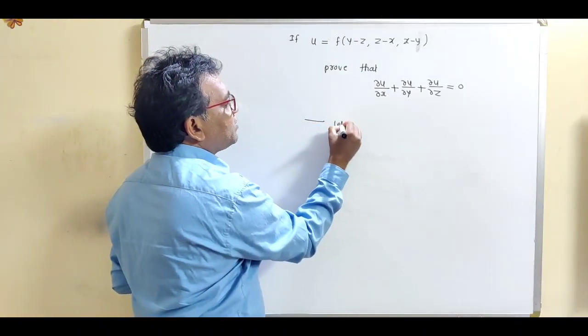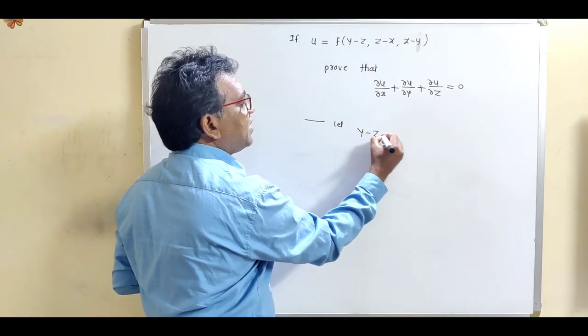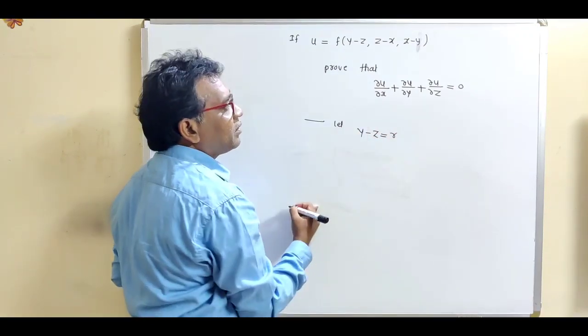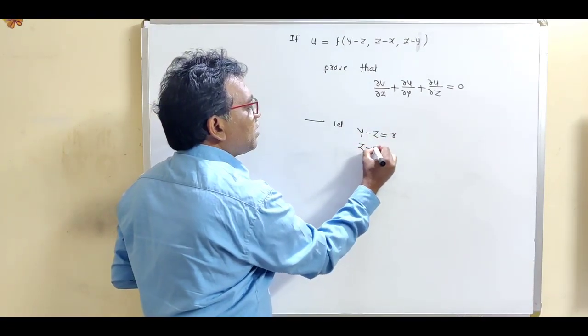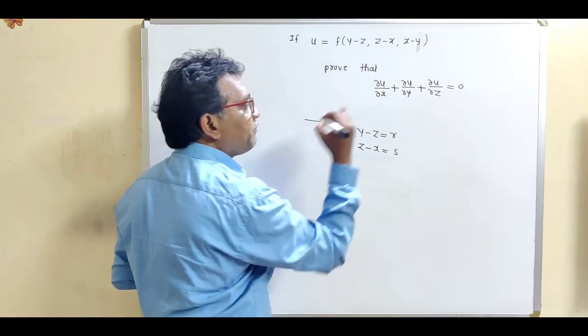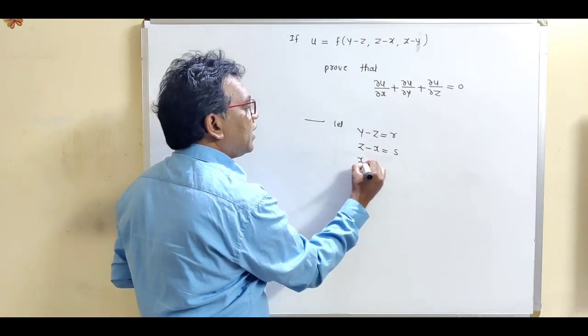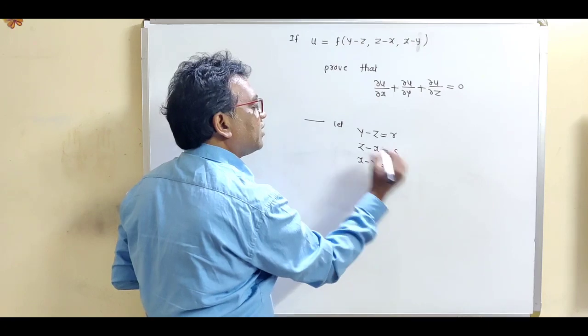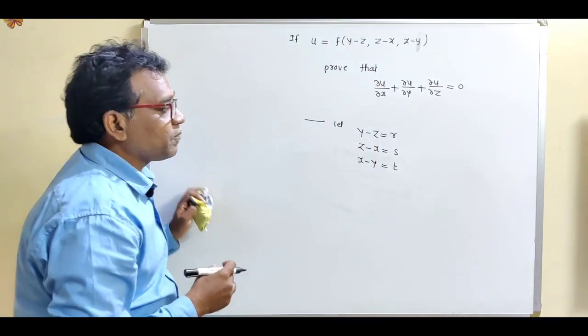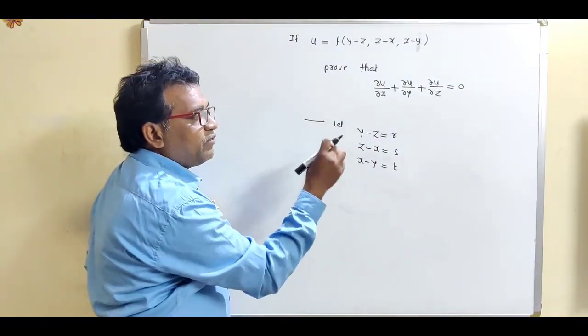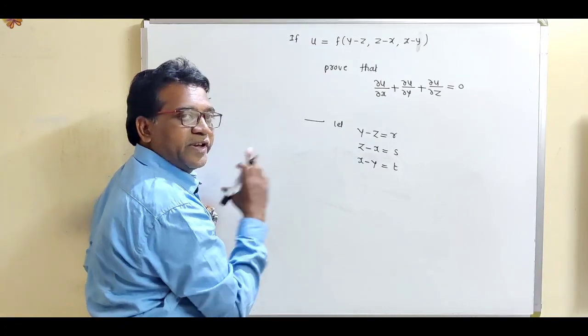If we put y minus z equal to another variable r, z minus x equal to a different variable s, and x minus y equal to another variable t. So for this example first of all we have to construct some chain.